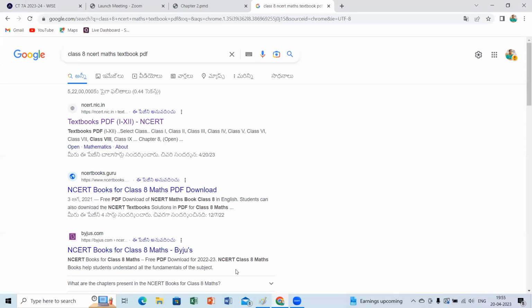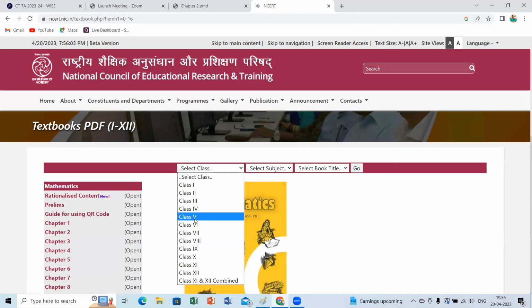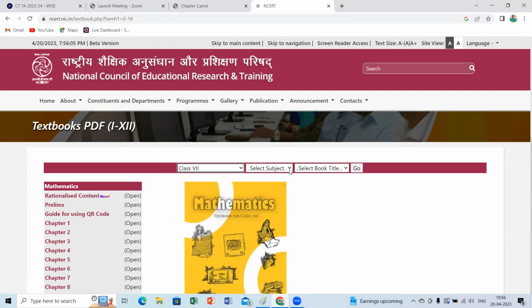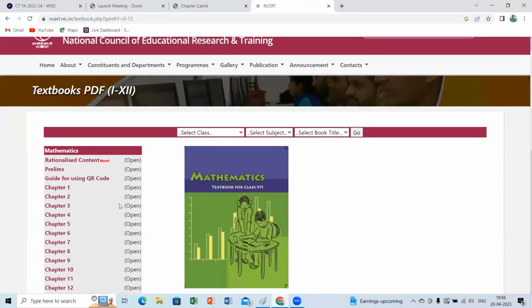Like this, class 7. This is my class 8 book, but I don't want class 8. I want class 7. I should take maths from here, and then this is also math, and I got this textbook. This is the rationalized new content. I want the second chapter.